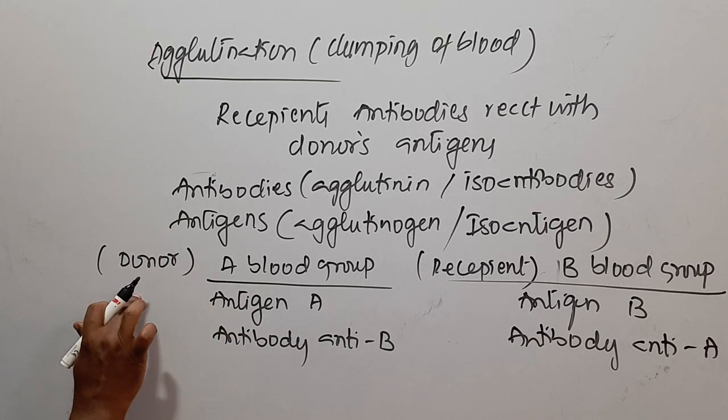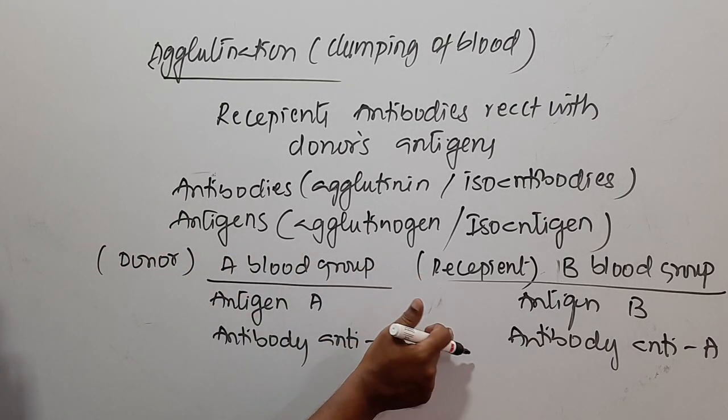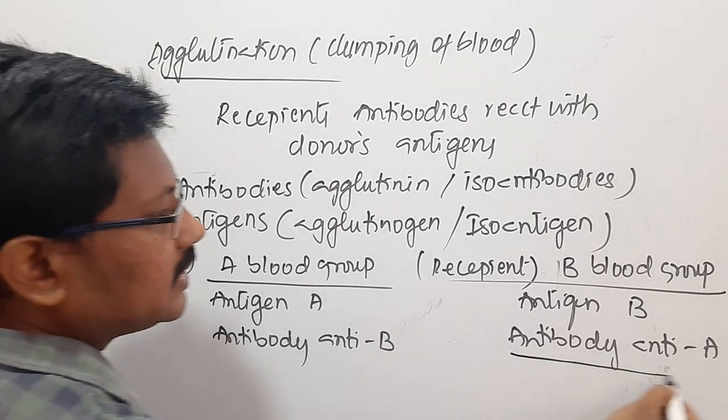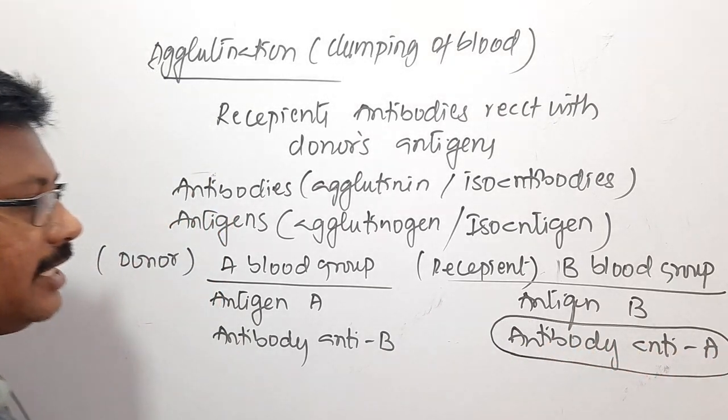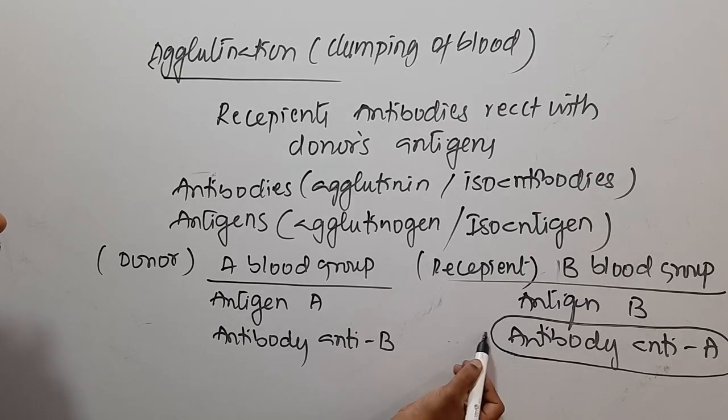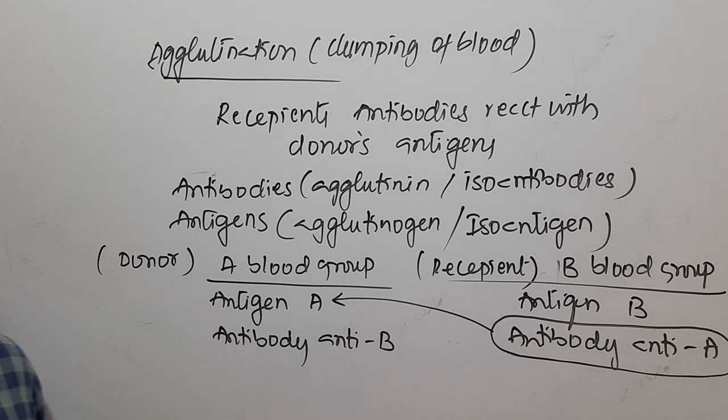When the donor's blood enters the recipient, the anti-A antibodies will fight with antigen A, and this is where the agglutination, or clumping of the blood, takes place. That results in the blocking of blood vessels and choking of the heart, and finally it results in the death of the person. So this is the information on agglutination.